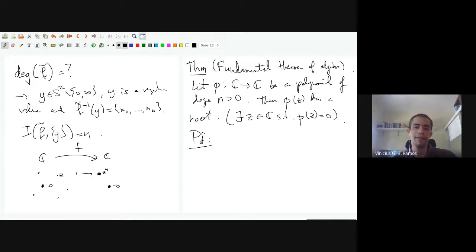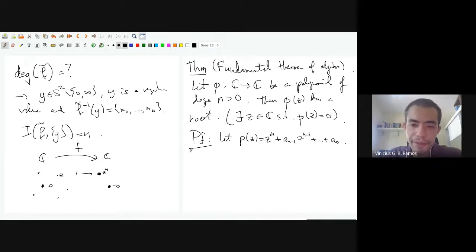And in the case, for circles. So let me write the polynomial like this. Let P of z be a_n z to the n, or actually, I can just divide by a_n. So I have z to the n plus a_(n-1) z to the n minus 1, plus etc., plus a_0.